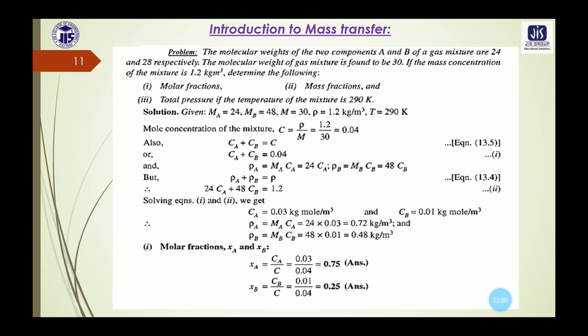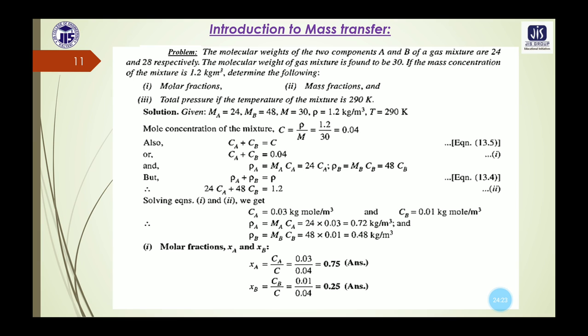Now solving equations 1 and 2 here, we get Ca equals 0.03 kg mole per meter cube and Cb equals 0.01 kg mole per meter cube. Based on these values of Ca and Cb, we calculate rho A and rho B as 0.72 kg per meter cube and 0.48 kg per meter cube.